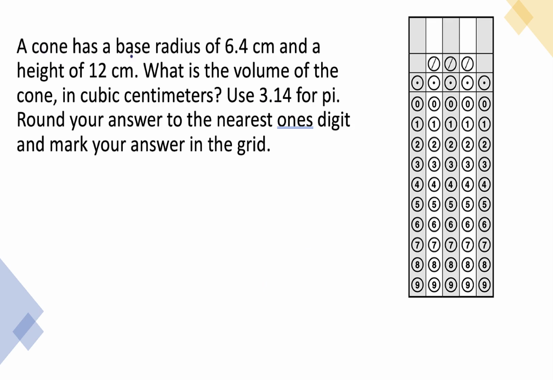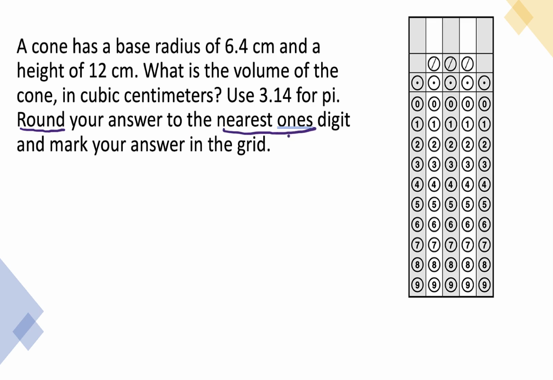It says a cone has a base radius of 6.4 centimeters and a height of 12 centimeters. What is the volume of the cone in cubic centimeters? Use 3.14 for pi. And notice, since it's a grid, they said round your answer to the nearest ones.